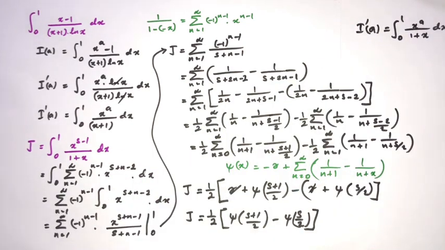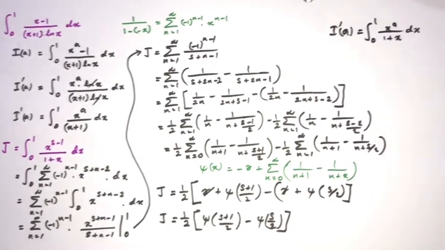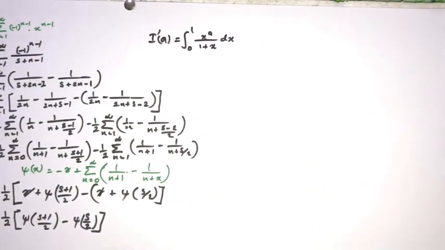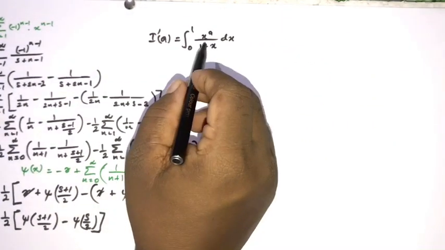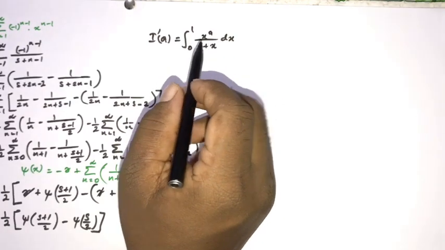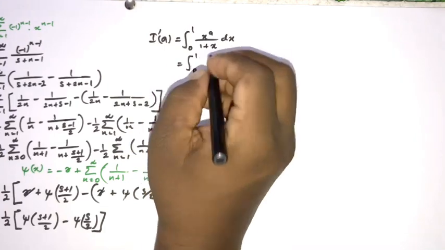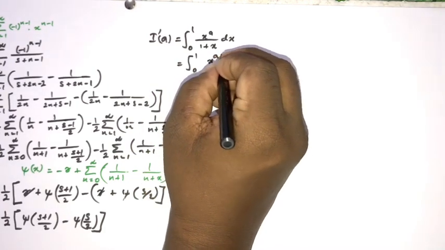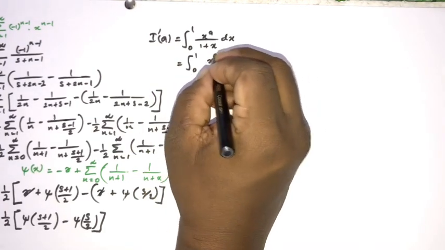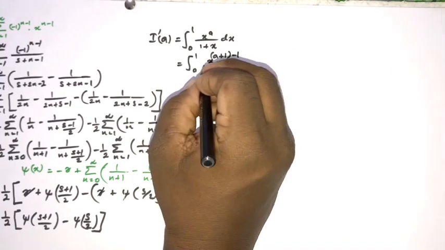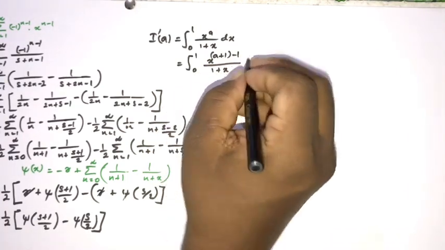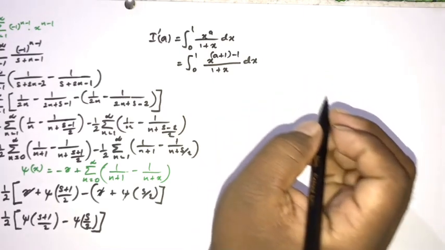Okay, then we can rearrange our integral like J, so we can write this is equal to the integral from 0 to 1 of x to the a plus 1 minus 1 over 1 plus x dx.